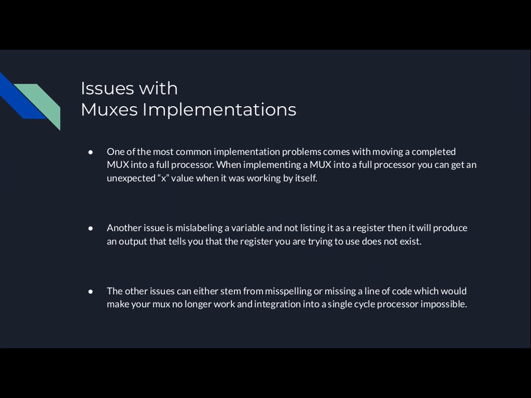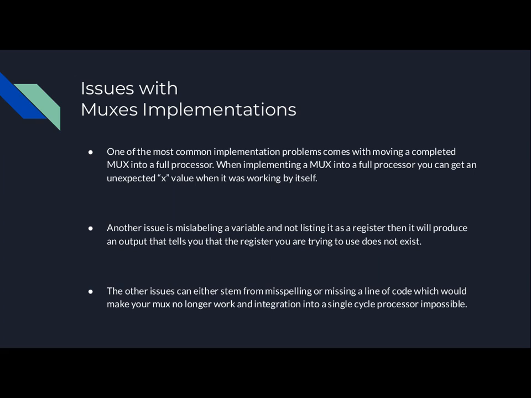Bring it up. So some issues with implementing muxes. The first one is going to be overall when you go to implement it into your processor. If you're not careful with bringing all these components together and doing them right, you'll get an unexpected X value, even though it was working by itself, because you've got a bunch of moving parts coming together, and if you mislabel one or have two of the same variable name, it won't know what to do, and that'll cause an issue.